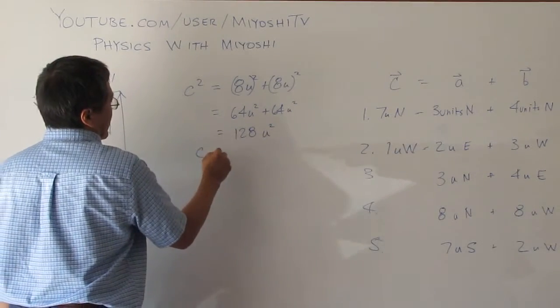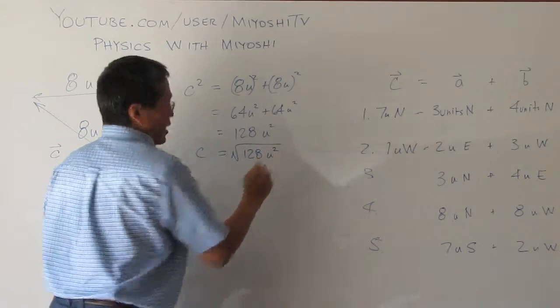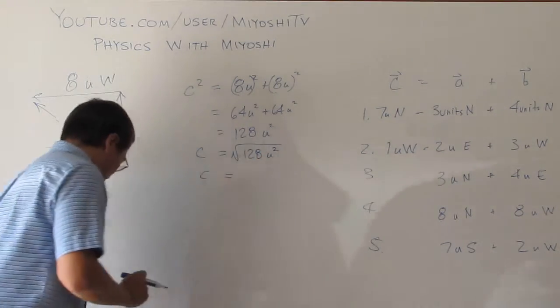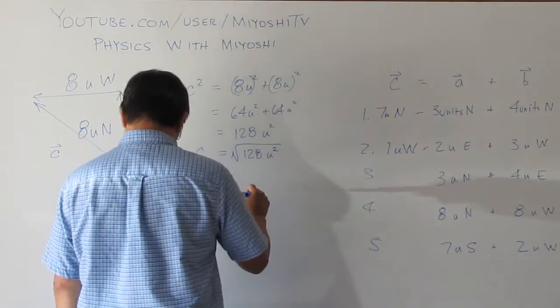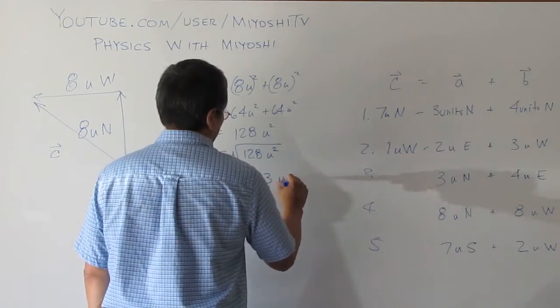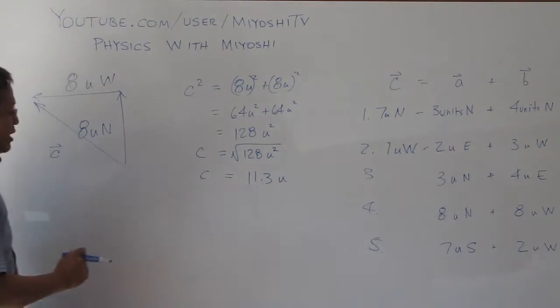So C is the square root of 128 units squared, and therefore the magnitude of C is 11.3 units.